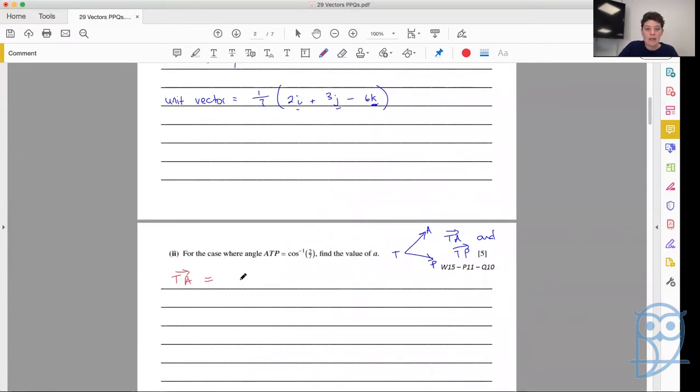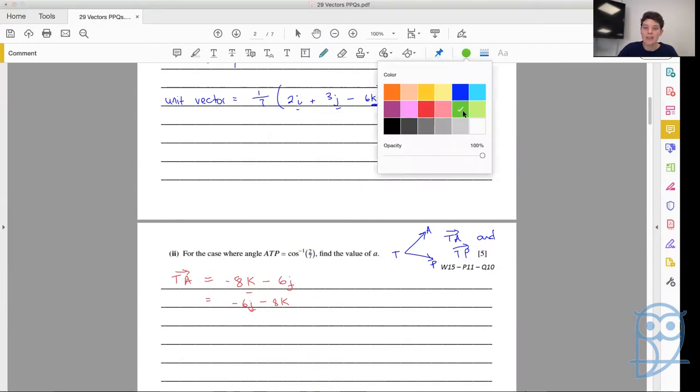So TA equals minus 8k minus 6j. But remember, we leave it in ijk so we don't get confused later. Minus 6j minus 8k. Now we'll go and make this a rainbow answer.